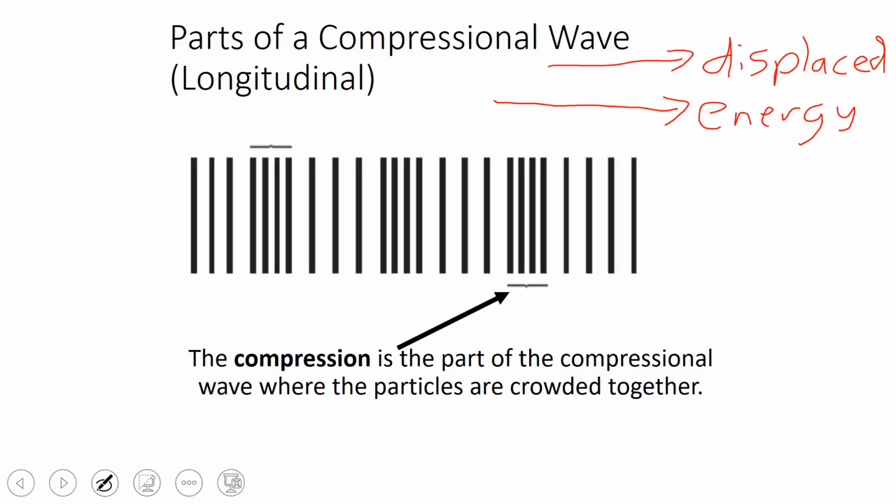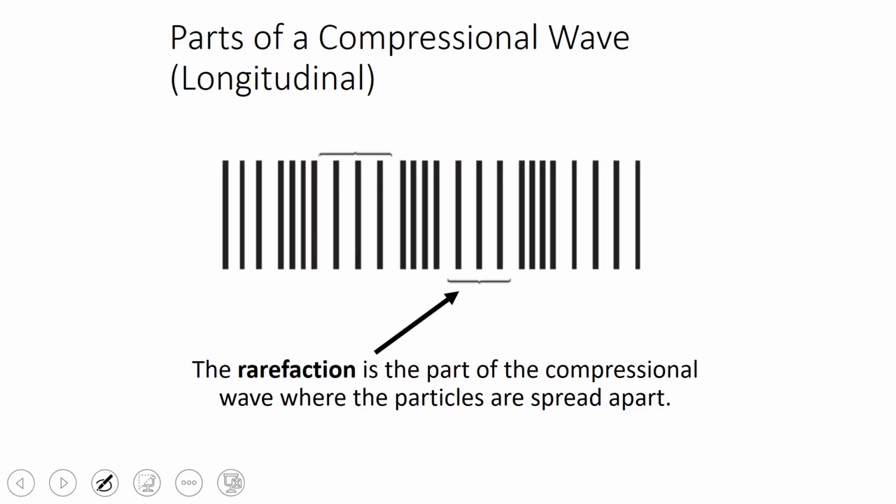First term we need to talk about is compression. Compression is where you end up with particles being crowded together. Here's a compression, here's a compression, and here's a compression. These are places where you have matter being crowded together relative to where it was before. Another term is rarefaction. This is the part in which the particles are being spread apart from where they were before.